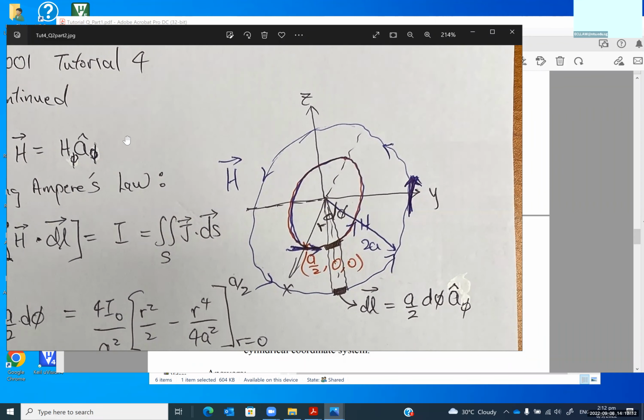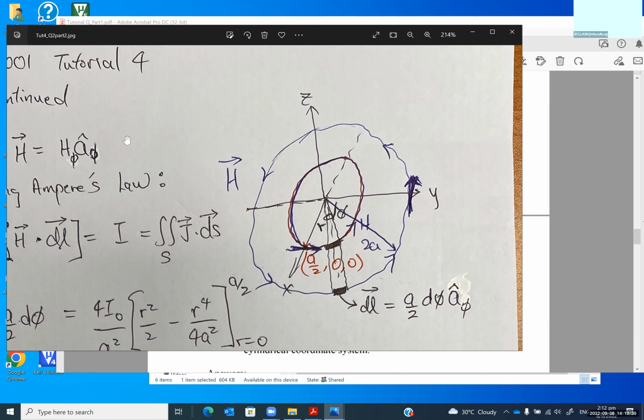Now, in this case, do you have an a_r unit vector? For this problem, do you have a_r? What would the magnetic field look like if you had an a_r component? Let's say the magnetic field has an a_r component.